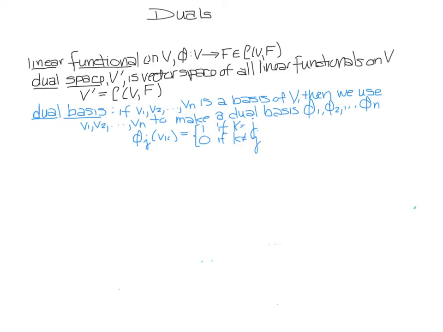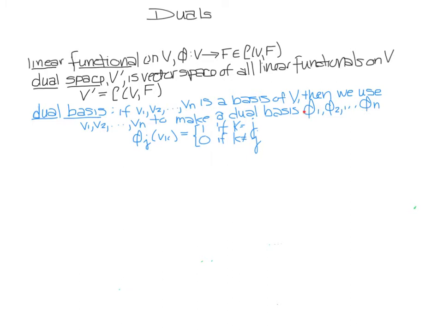So these vectors are definitely functions from V to F. That is not to say that your vectors in V are not functions. They might be, they might not. But this emphasizes the difference between your original vector space V and your dual bases, where they are definitely functions. So we're thinking of these as functions that map V to F. We're thinking of these as regular vectors on V.